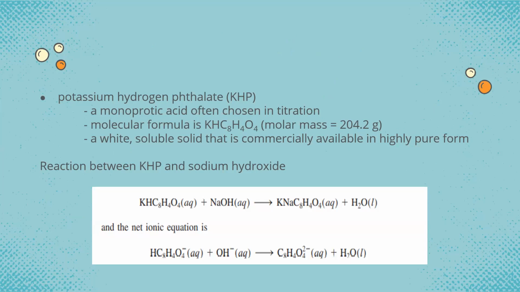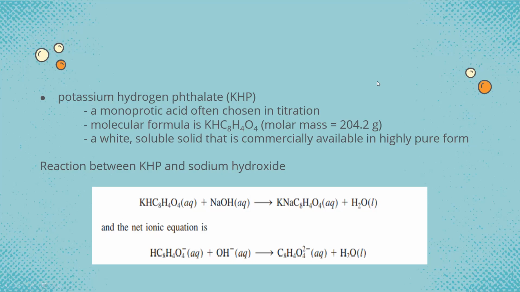Now, the molecular formula of potassium acid phthalate is KHC8H4O4, which has a molar mass of 204.2 grams per mole. Chemically, it is described as a white soluble solid that is commercially available in highly pure form.